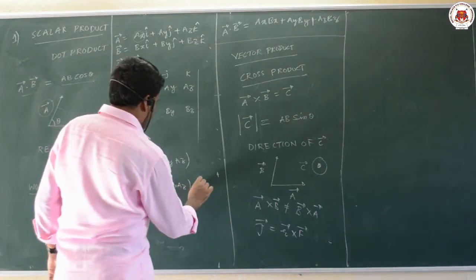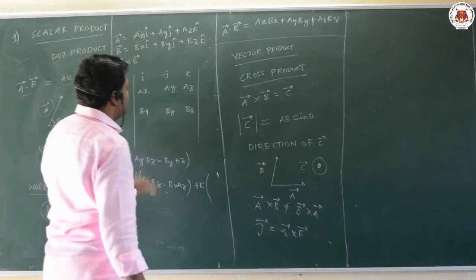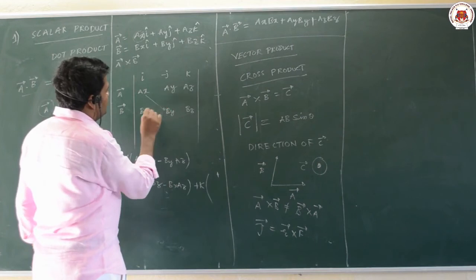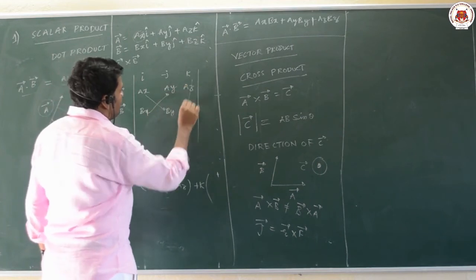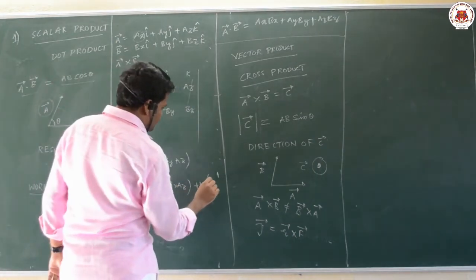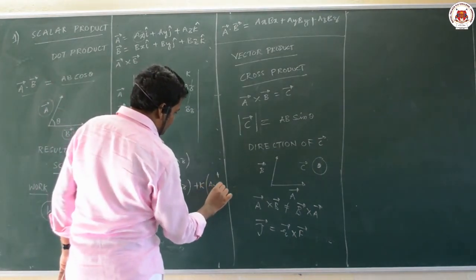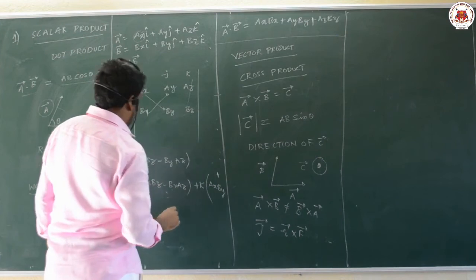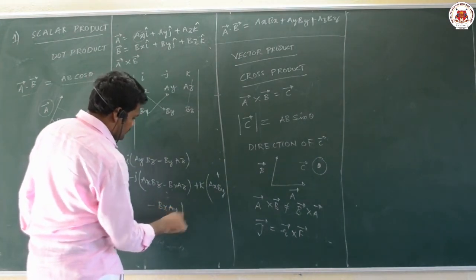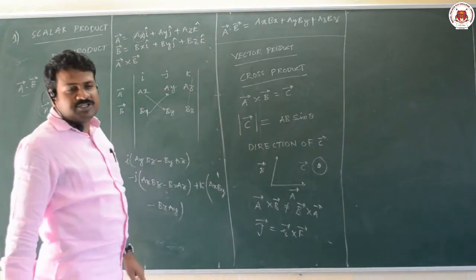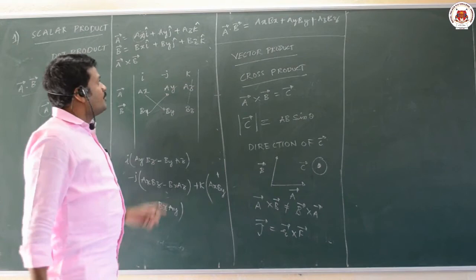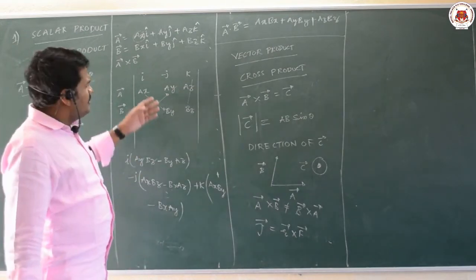Plus k, k you close, coming down, cross multiply. This k you have to close. Coming down positive, ax by minus bx ay. This is how you have to do cross multiplication of the position vectors.